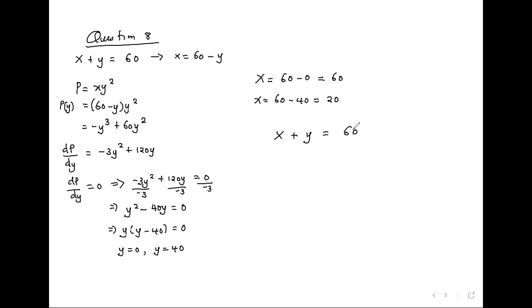So if they were positives, then they could have been found as options of 20 or 60. And then you look for the maximum product. Of course, if you use 20 by 40, what you get will be more than 60 by 0. So 20 by 40 was going to win because it gives us the maximum value of the two products.